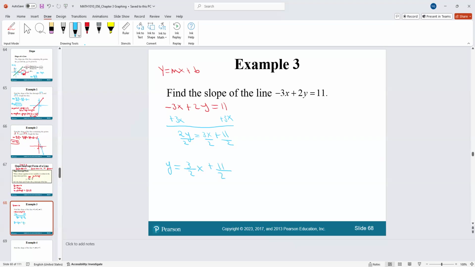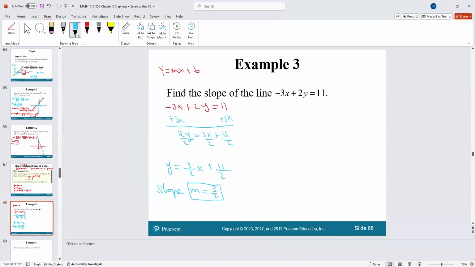Now, what is the slope? The first thing to do, we add 3x to both sides, then we divide both sides by 2. Now we simplify. Now the coefficient of x, 3 halves, is the slope. So slope m is 3 halves.